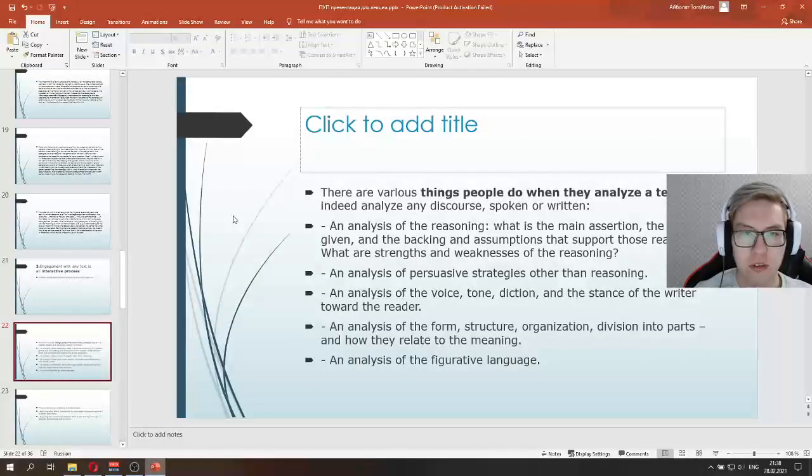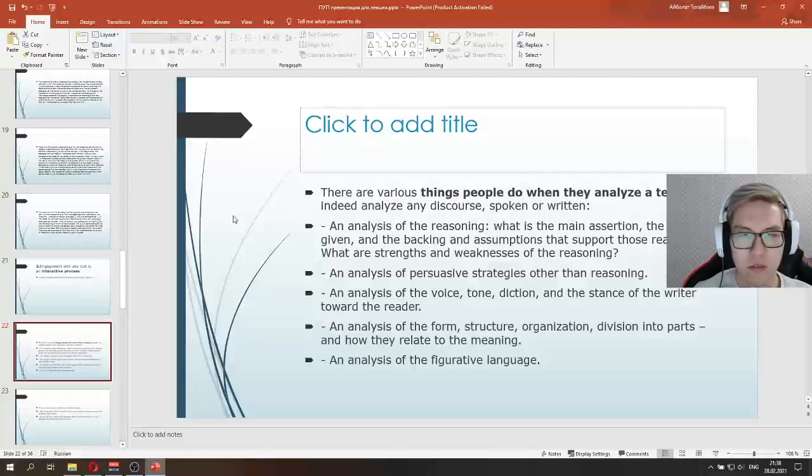There are various things people do when they analyze a text, or indeed analyze any discourse, spoken or written. An analysis of the reasoning: what is the main assertion, the reasons given, and the backing and assumptions that support those reasons, and what are the strengths and weaknesses of the reasoning?